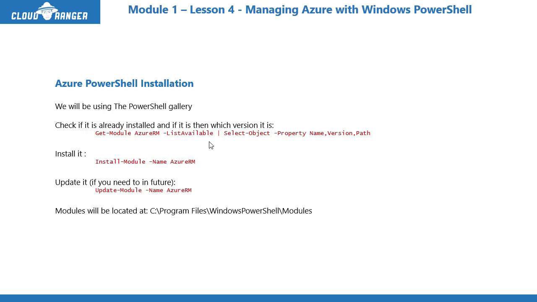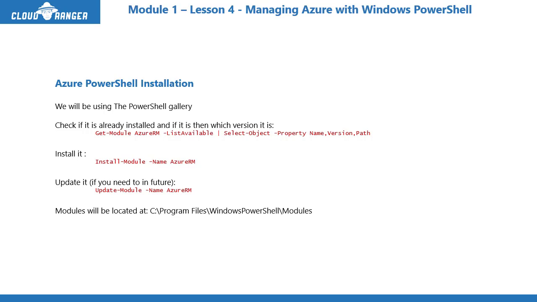If you do already have that, and you want to get the latest one, you just run this commandlet, Update-Module, with AzureRM as the module name. Okay, so it's only really these two commandlets that get you started in Windows 10. That's why I preferred this if you're on Windows 10. And if you're on other operating systems, if you have installed the management framework, you can go and use these commandlets, and you should be okay as well.